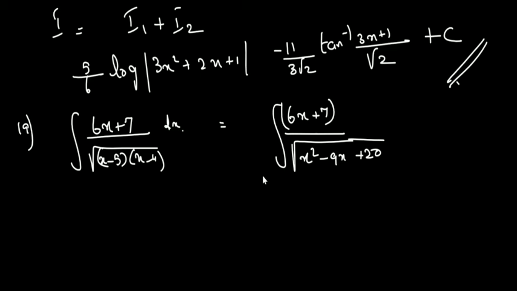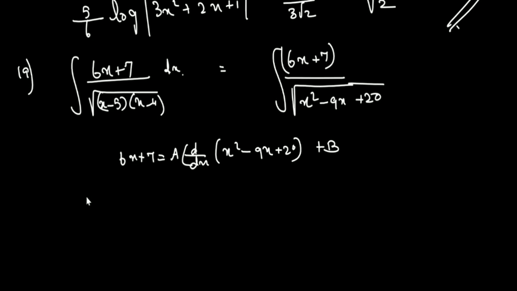So to find the constant, what should be added and subtracted? Use the same method. Put 6x plus 7 as a into the differentiation of the denominator, d by dx of x square minus 9x plus 20, plus b. So 6x plus 7 equals a into 2x minus 9 plus b.